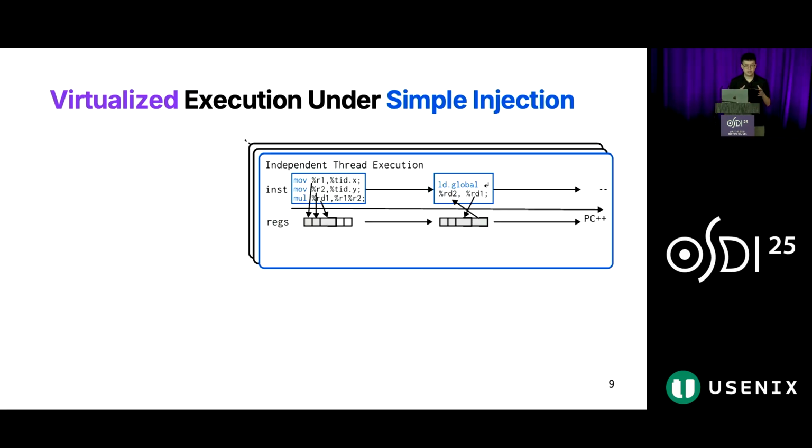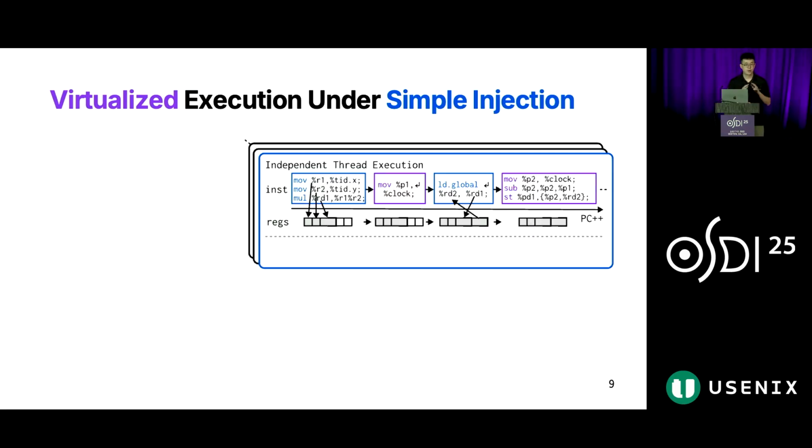That is to directly inject the probe into the raw execution. For example, this is the execution of the program from left to right as guided by the program counter. What Neutrino does is simply inject it without the protection of a stack or any other method. But we still want to emphasize that such an execution model is still virtualized because we can have time separation.